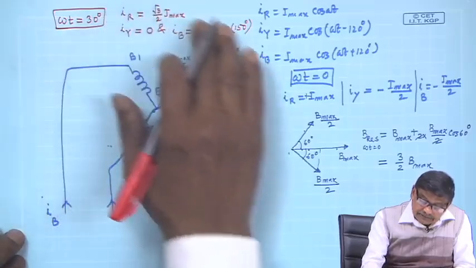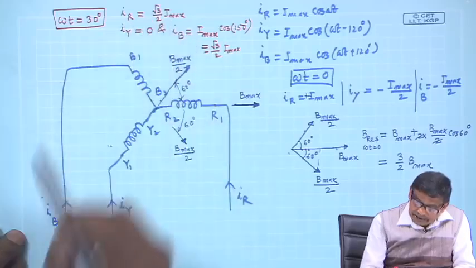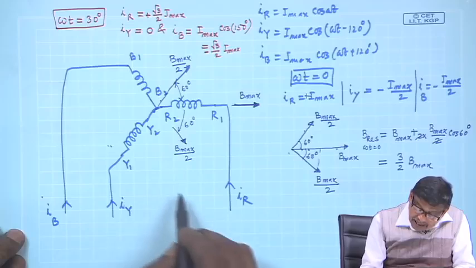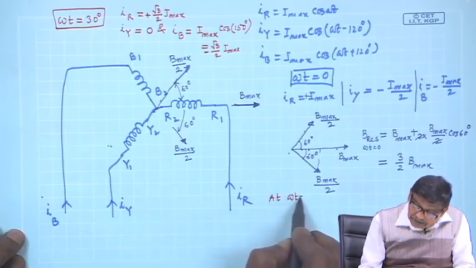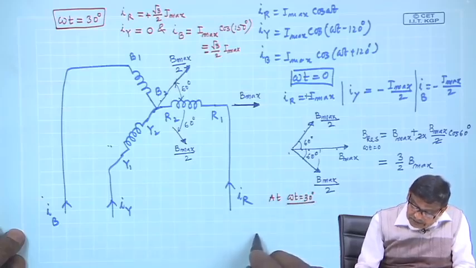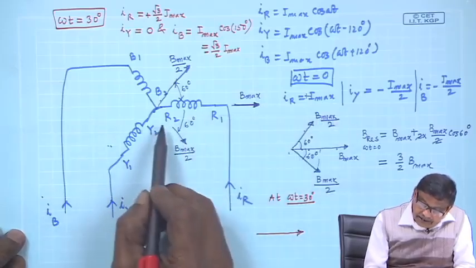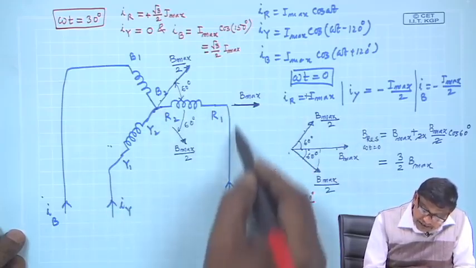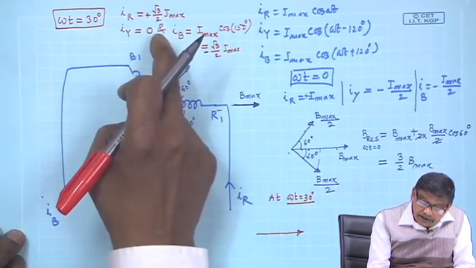Now, current in R phase is root 3 by 2 I max, plus. Therefore, R phase at omega t equal to 30 degree, time passes, R phase field will be horizontal and away from the center, because current is positive and entering through R1, and its value is root 3 by 2 I max.